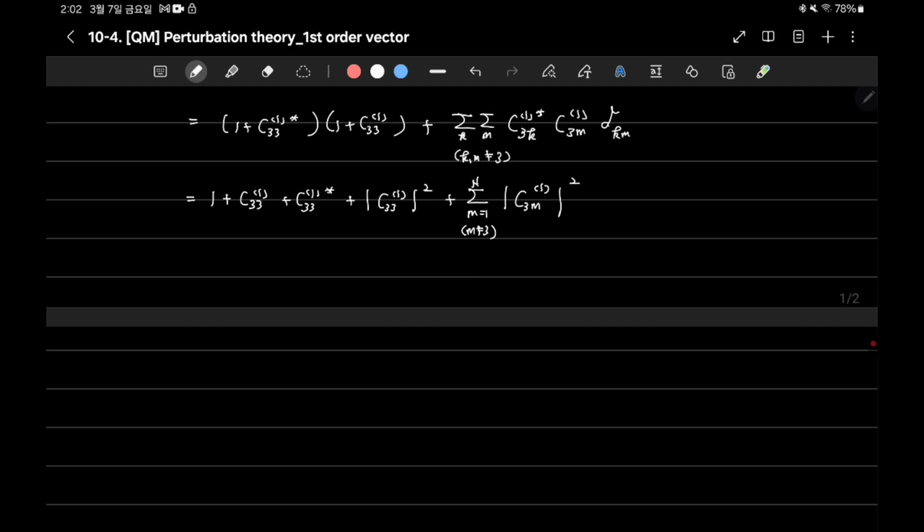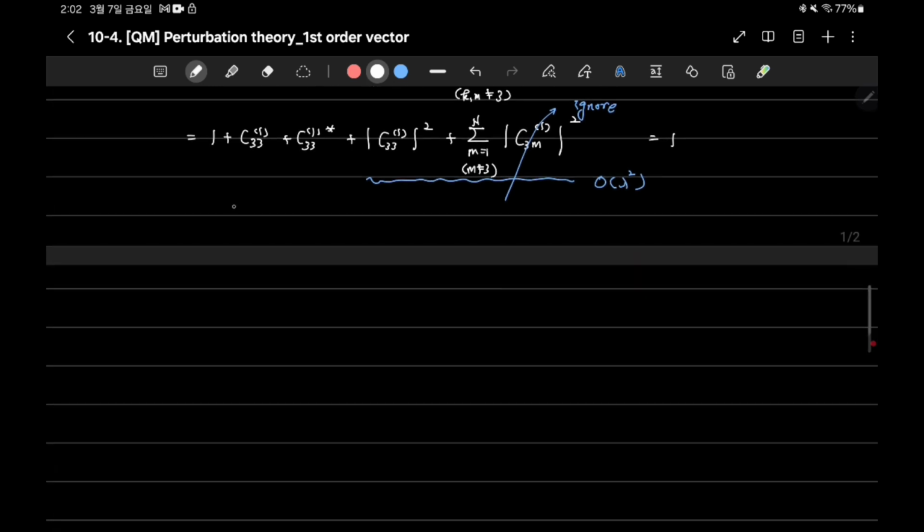Because we only consider the first order correction, and this is second order, let's ignore it. Then it should also be normalized to 1.